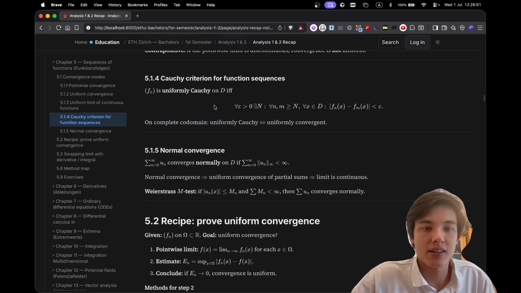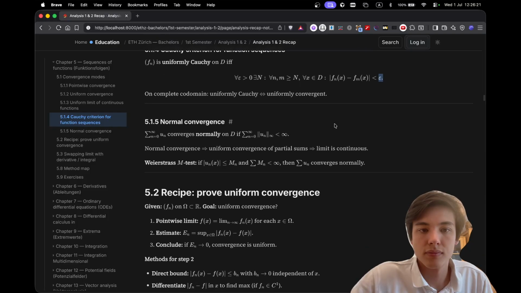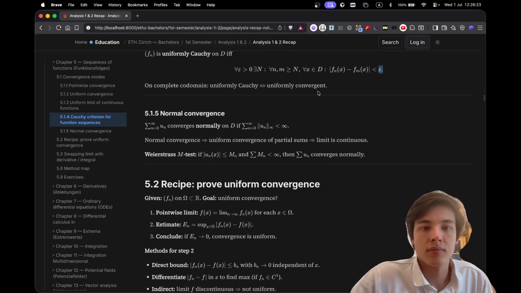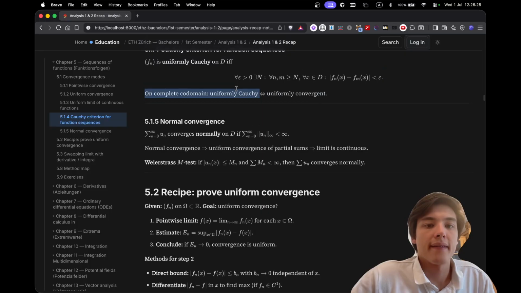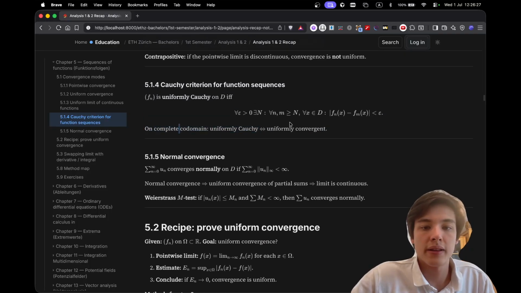But yeah, let's continue. It's uniformly Cauchy if for every epsilon there's an N such that for all m and n larger than that number, the difference is smaller than epsilon. And if it's the whole domain, then these two mean the same thing.